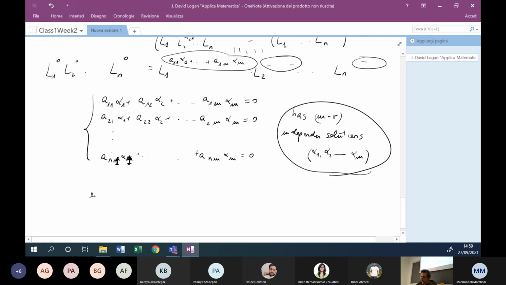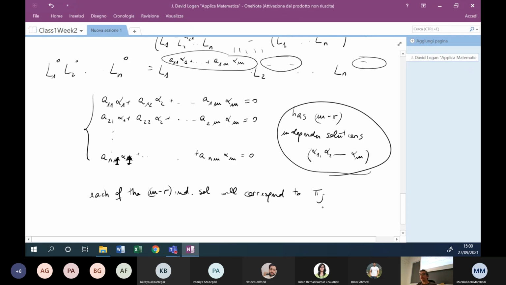So this means that each of the m minus r independent solutions will correspond to one of the new dimensionless variables pi.